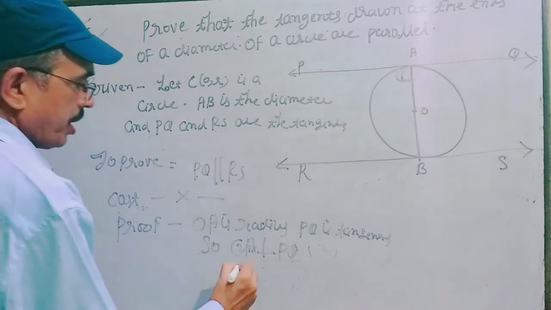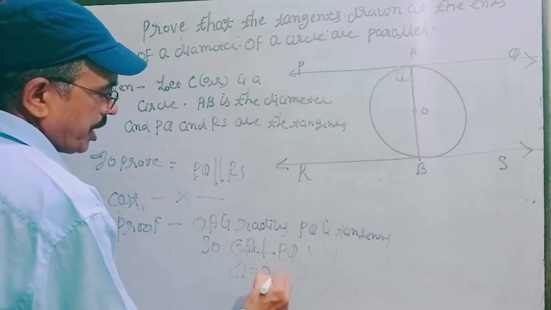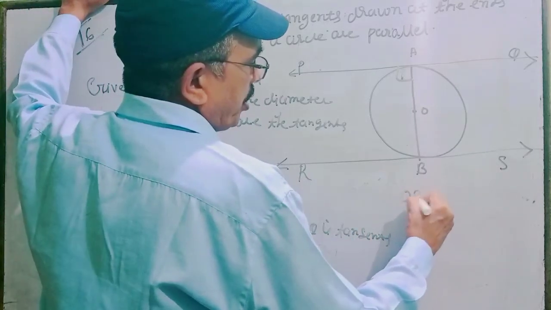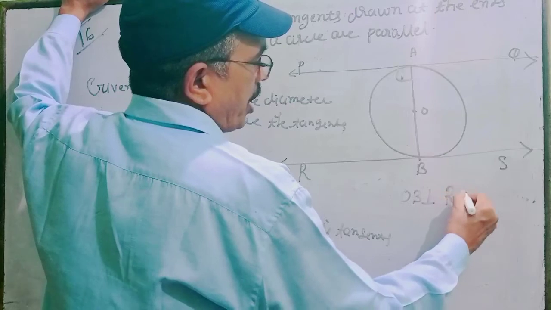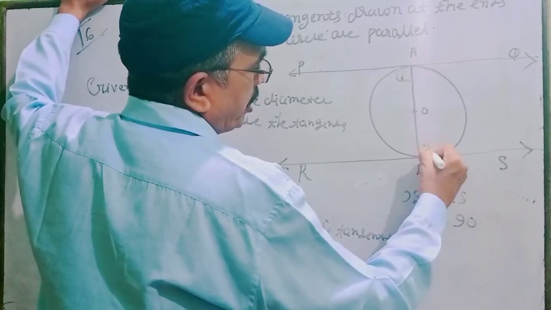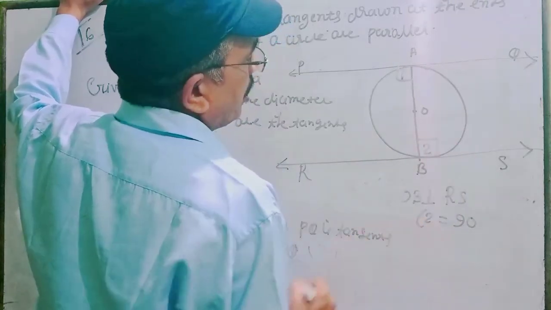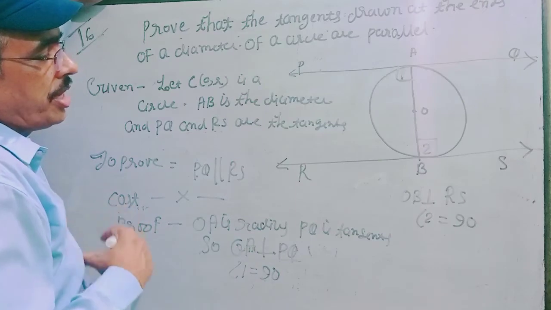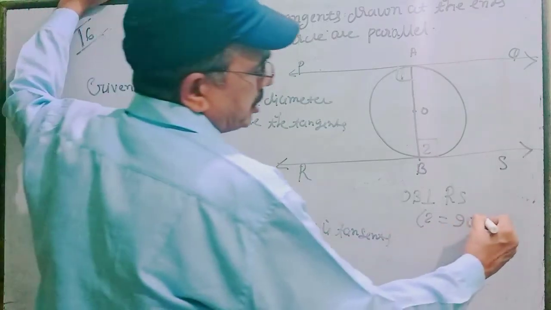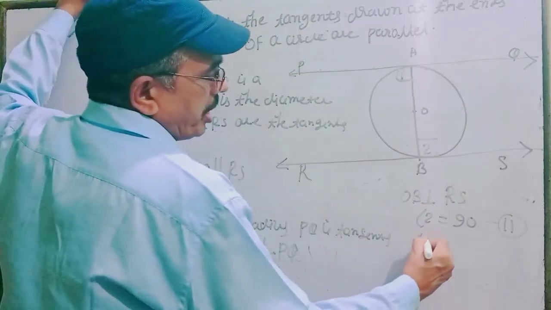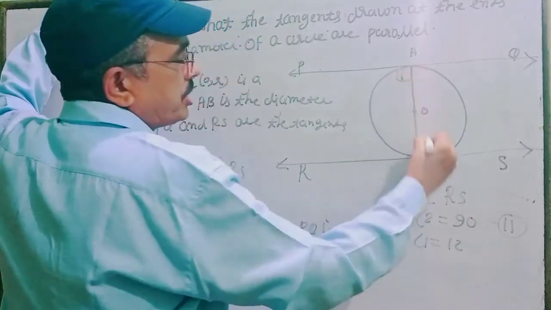So clearly, angle 1 is 90. Similarly, OB is perpendicular to RS, so angle 2 is 90, because the radius and tangent are perpendicular to each other at the point of contact. So from first and second, you get that angle 1 is equal to angle 2.